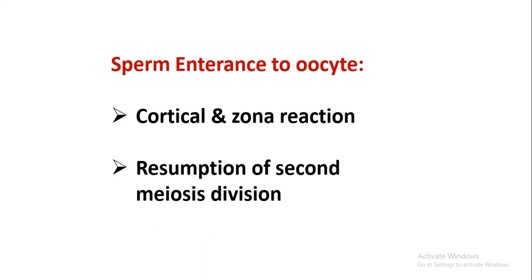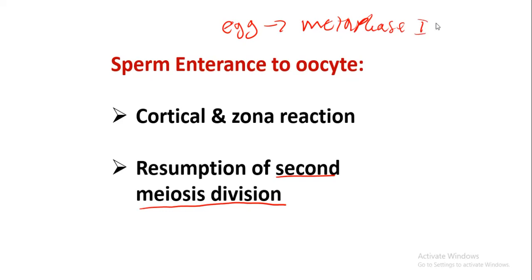The next thing which is going to happen is resumption of the second meiotic division. You need to understand that the egg, which is the oocyte, was arrested at metaphase 2 of meiosis.